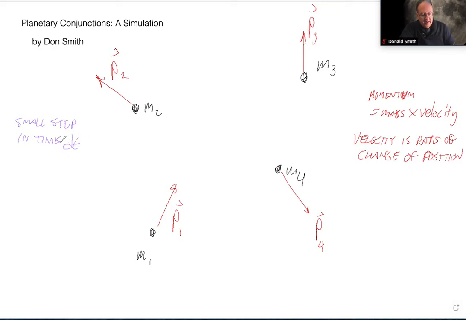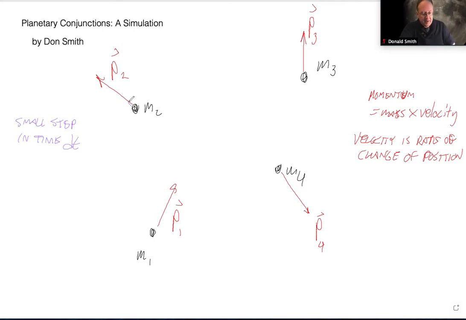But if you take the small step in time and you multiply it by the velocity, that tells you how much the position changed in that amount of time. Literally, if you're going 50 miles an hour for 1 hour, you multiply the 50 miles an hour times the hour and you get 50 miles. You've gone 50 miles. So that's all it's doing. And it says that if I take the velocity, multiply by the dt, that tells me how far it moves.